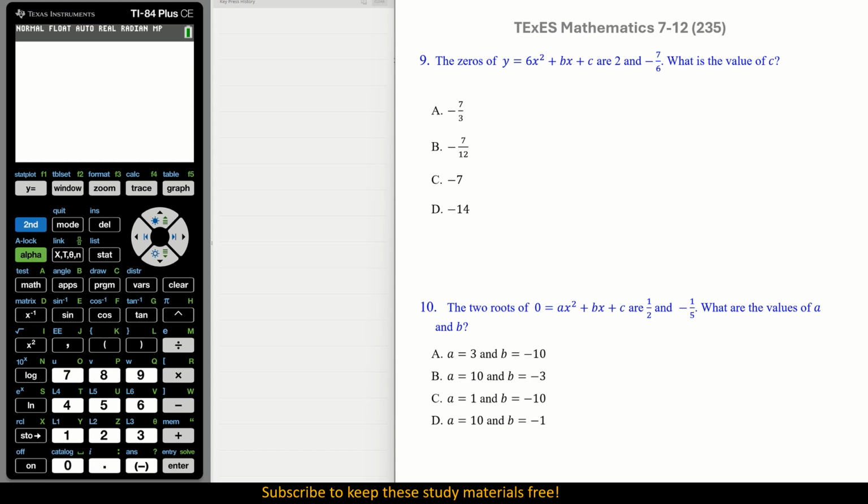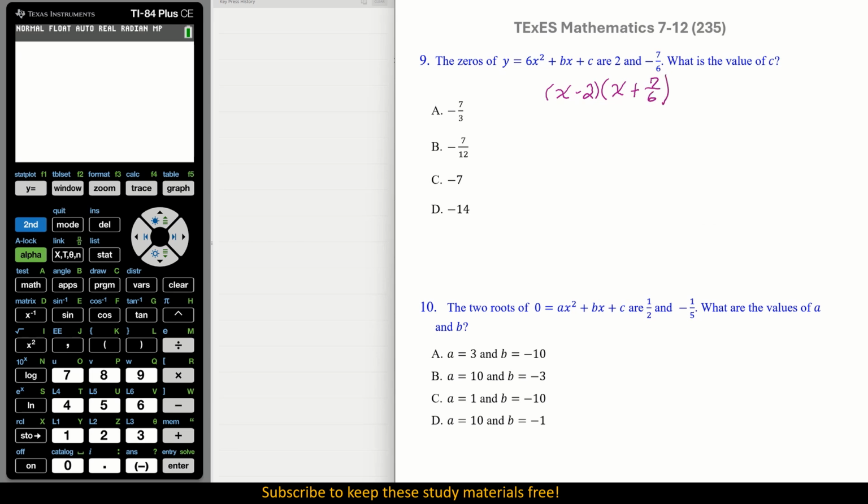Number 9. The zeros of y equals 6x squared plus bx plus c are 2 and negative 7 over 6. What is the value of c? Okay, so let's go ahead and set this up. Well, that would be x minus 2 times x plus 7 over 6.